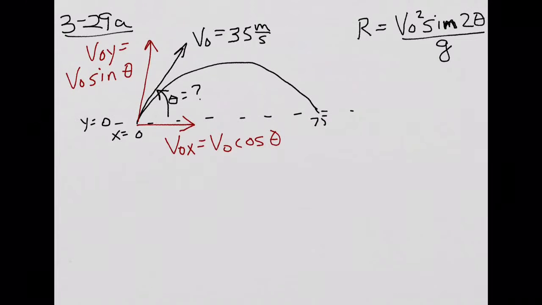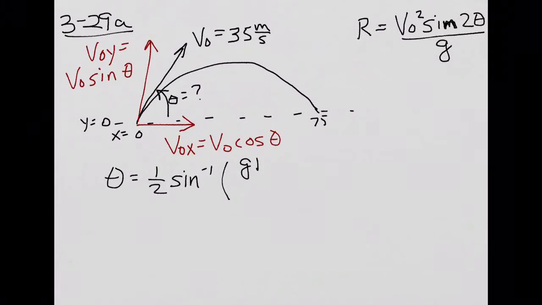So how do I solve this? Well, I want to find the angle theta, so I have to move g over, move v0 squared down, and then take the inverse sine of it and divide by 2. So when you put all that together, I get theta equals 1/2 sine negative 1 of g times r over v0 squared.